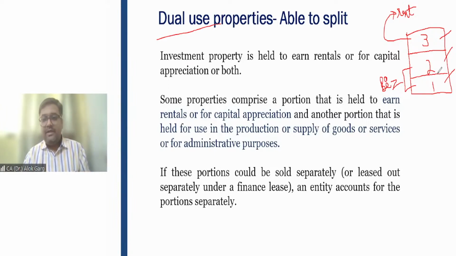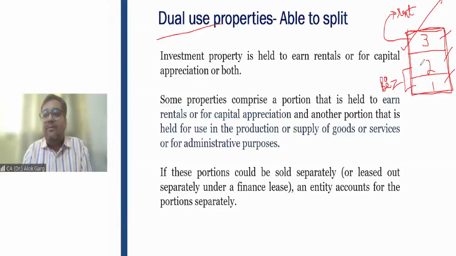Friends, in this case, this entire building has a dual use as a PP as well as an investment property, because floor number 3 is used for rental purposes. These two floors are used for business purposes.